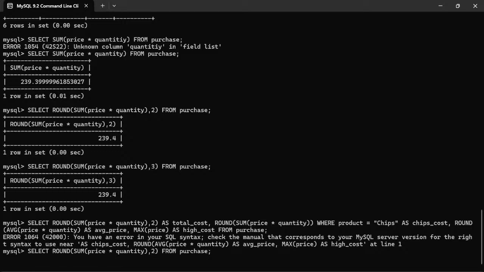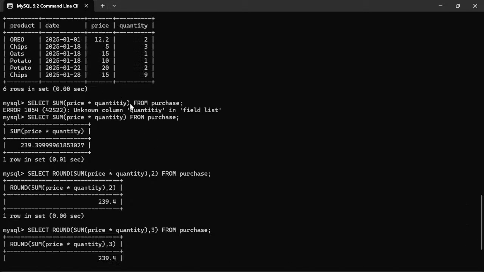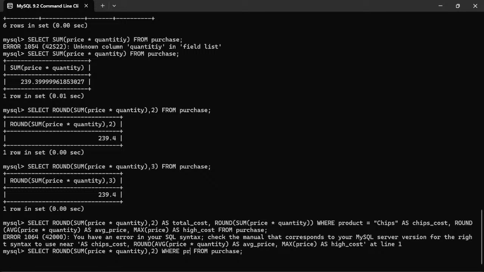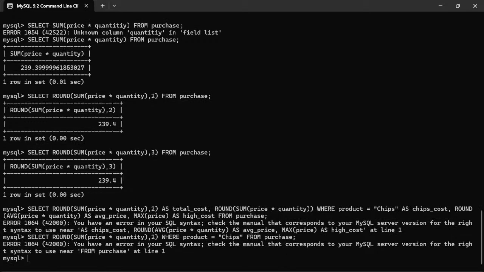So if I want to find the total amount of chips, let's say where the product is chips, capital C, yes. Okay, the error is here. And what is the error? From purchase.